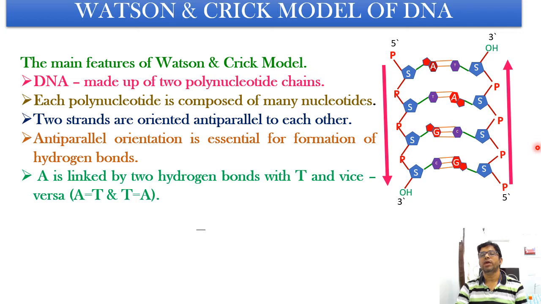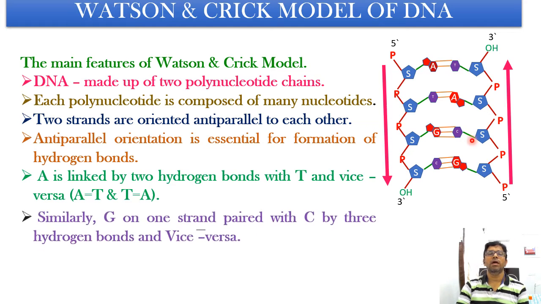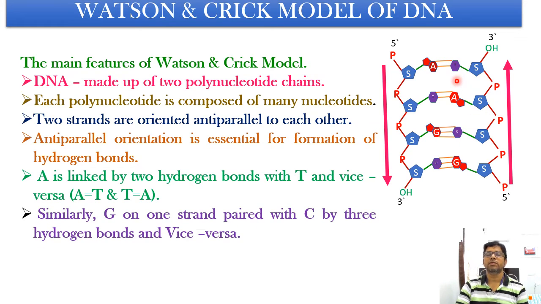In the same way, guanine pairs with cytosine by three hydrogen bonds and vice versa. Guanine of one polynucleotide strand pairs with the cytosine of the opposite strand with three hydrogen bonds, or vice versa.